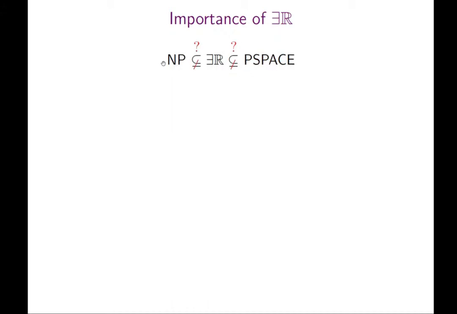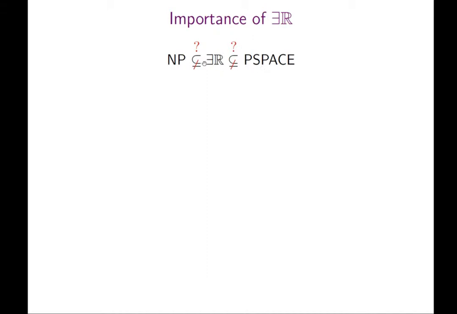But for both containments, we don't know if it's proper. If we would know it is proper, that would be a tremendous breakthrough in theoretical computer science, because it would imply that we could distinguish NP from PSPACE.